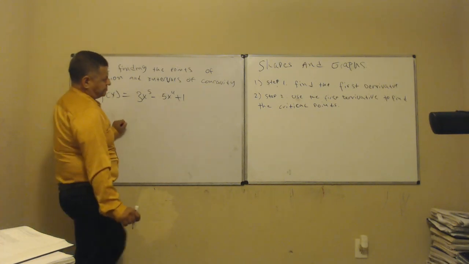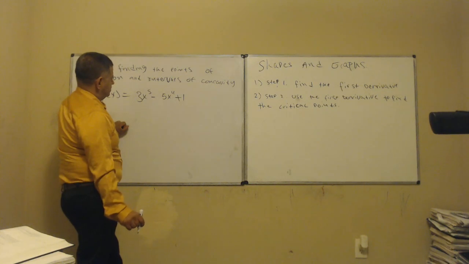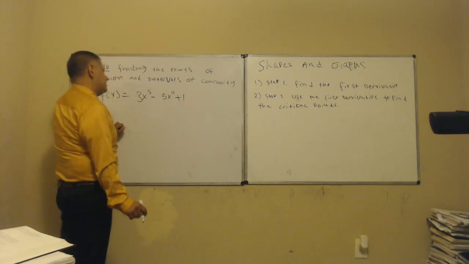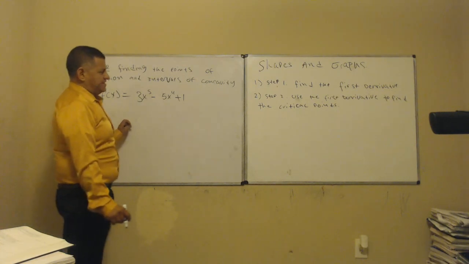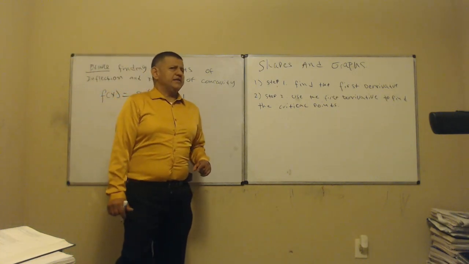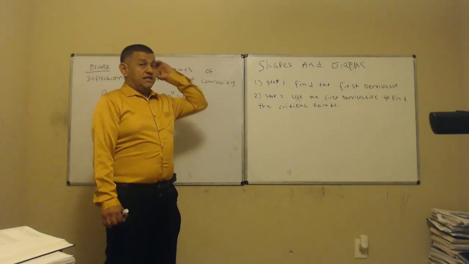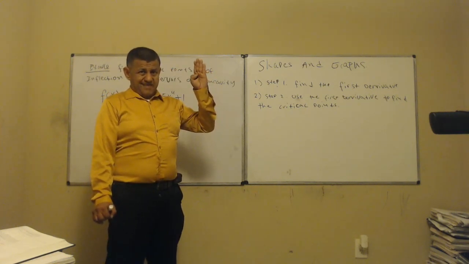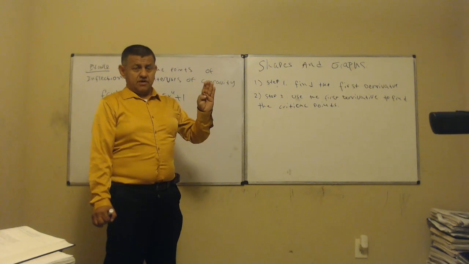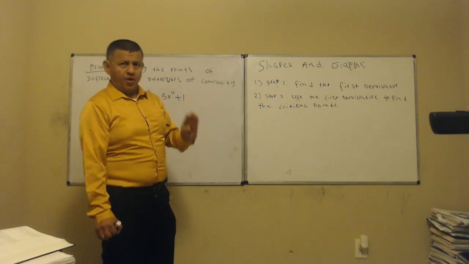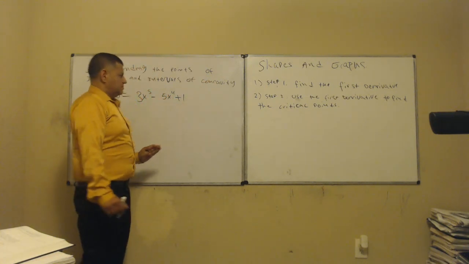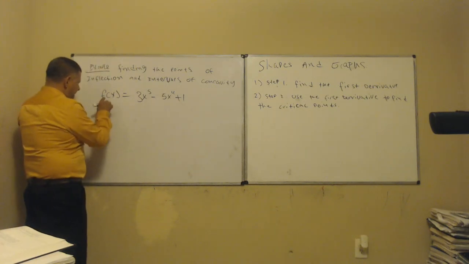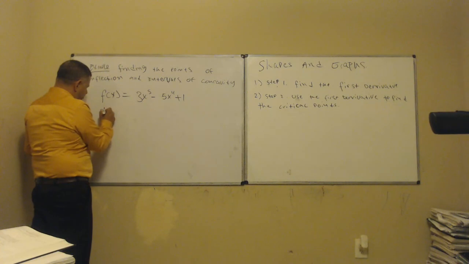Now, notice that the critical points are the points where the first derivative crosses the x-axis. Those are the critical points. So let's take the first derivative.